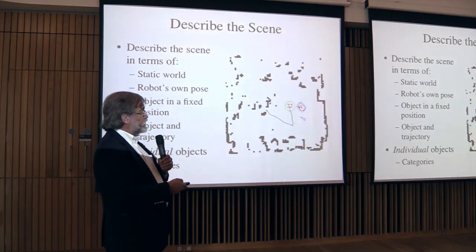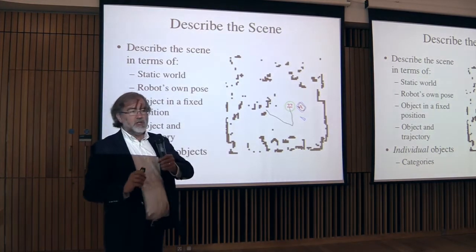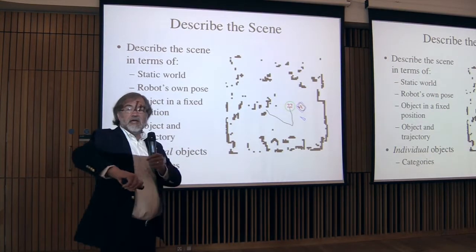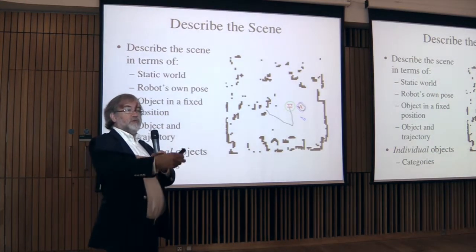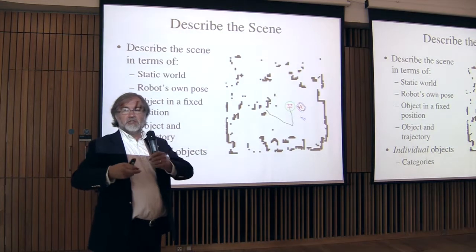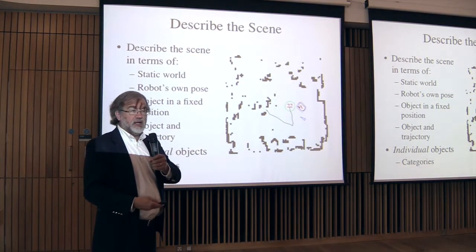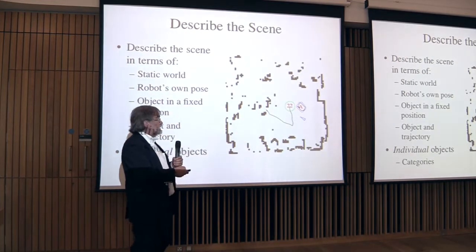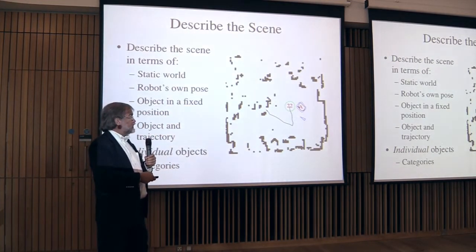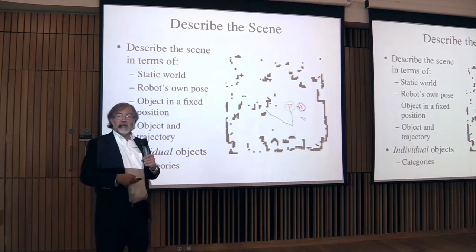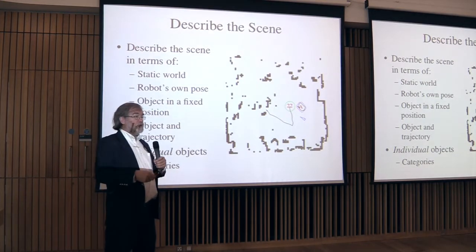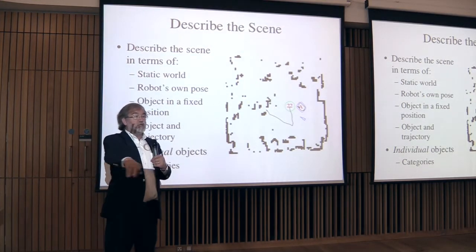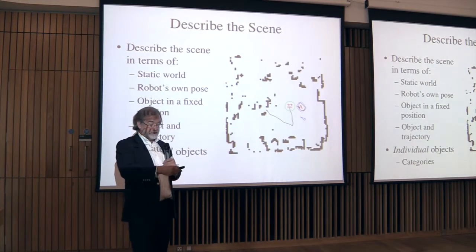The advantage of the object in a fixed position is that you can then travel around it and gather views of it from a variety of directions, which can then be merged to make a shape model, which I'm not talking about here. We're making observations of individual objects, which we can then match into categories of very similar objects, so as I sort of suggested with the chairs.